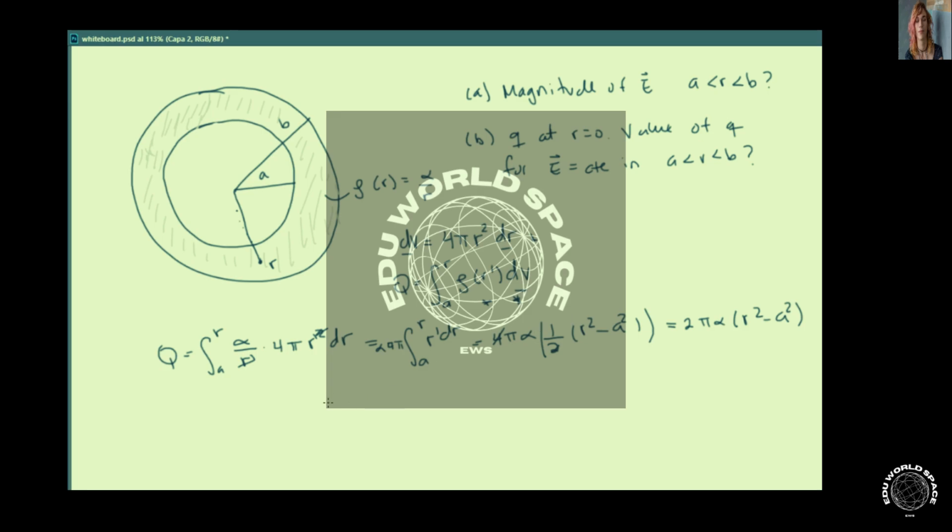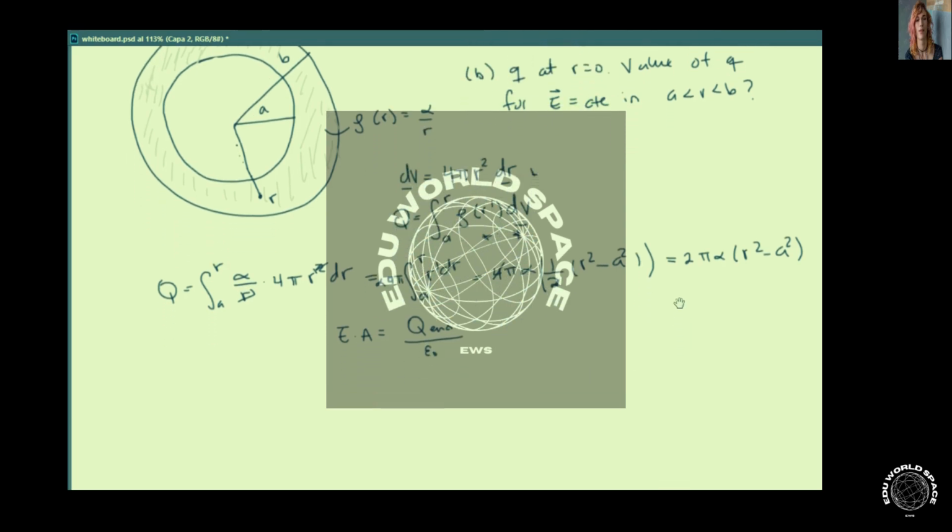And now Gauss' law states that the electric field times the area is equal to the charge enclosed divided by epsilon 0. We already found the charge, and we have the area. Remember, the differential of the volume gives the area, so the area is 4 pi r squared.